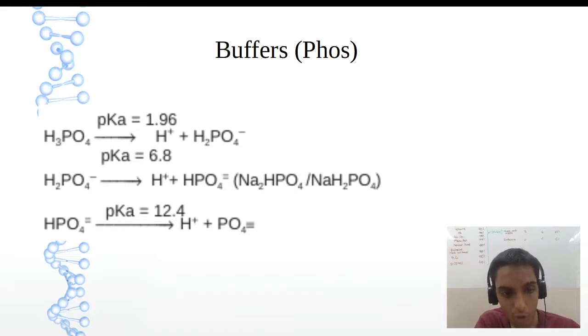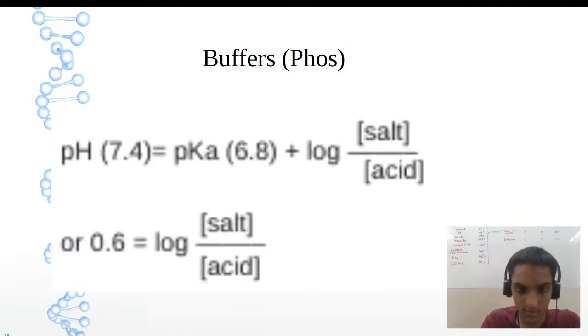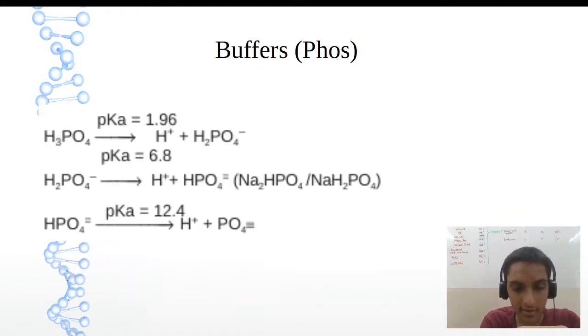And mono is breaking down into H plus and phosphate. Remember, in all the three steps, we have H plus and phosphate in place. This is very important. And just observe the pK. How is it? pK is increasing, is it not? That's the point.